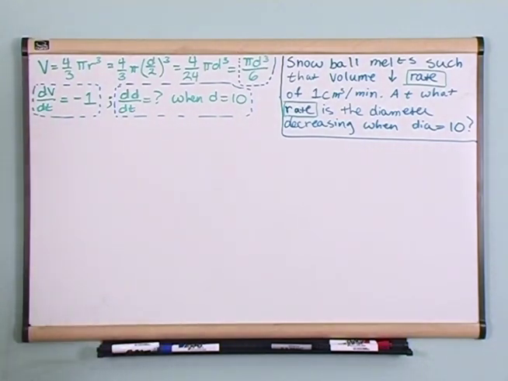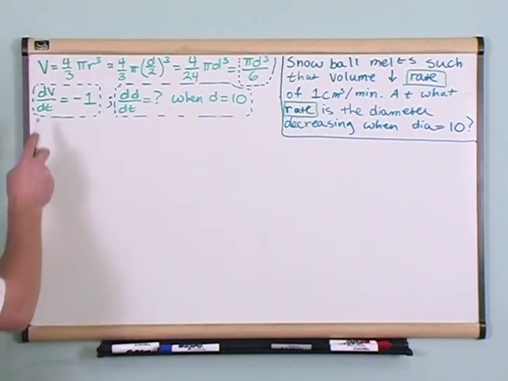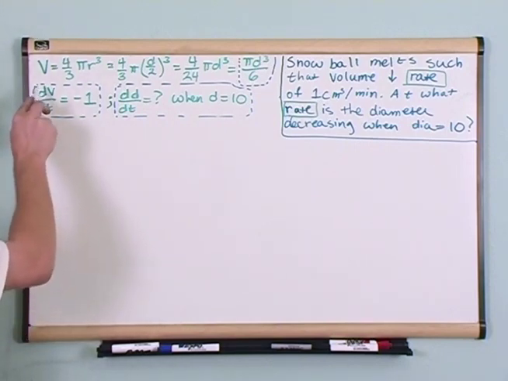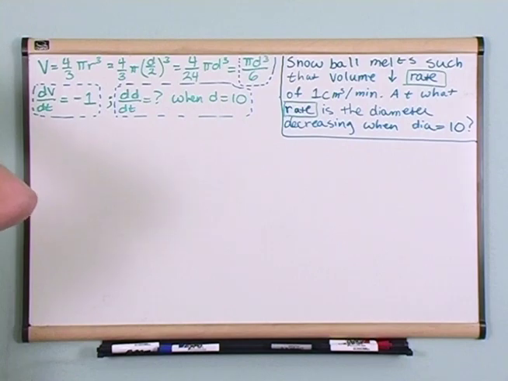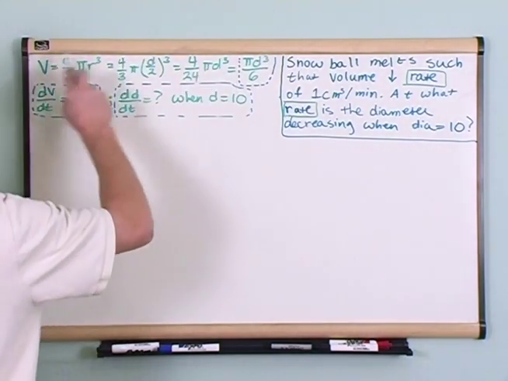So, how do you think we should proceed? Well, here they've given us the derivative of the volume with respect to time, and here I have the formula for the volume. So let's go ahead and take the derivative of this formula.